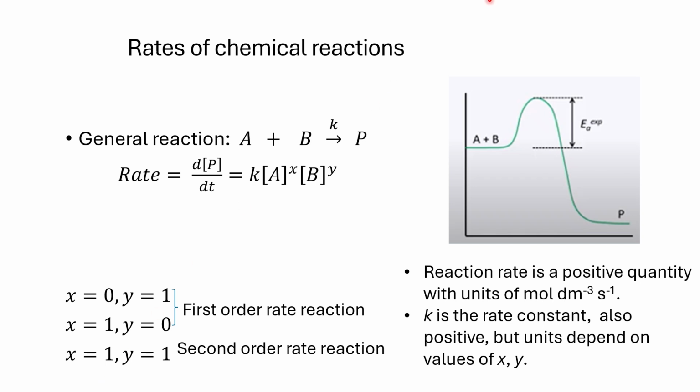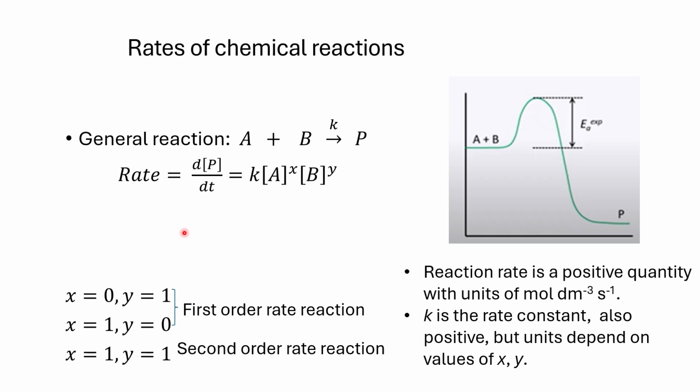Therefore, the reaction rates can be determined over a particular time interval or at a given point in time. A rate law describes the relationship between the reaction rate and the reactant concentrations. Reaction rates are usually expressed as the concentration of the reactant consumed or the concentration of the product formed per unit time.